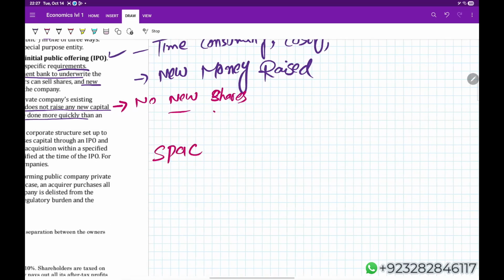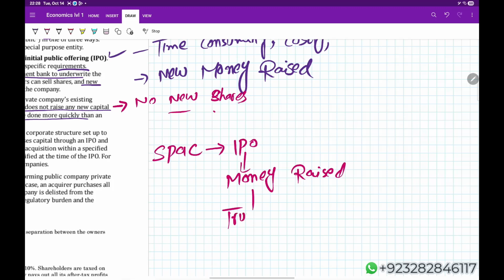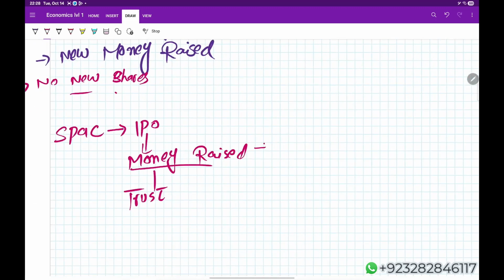The founders, the sponsors, or a larger group of investors will create a SPAC. The SPAC will go through an IPO, and the money raised from the IPO will be put into a trust. The sole purpose of this money is to purchase a private company within the time frame.